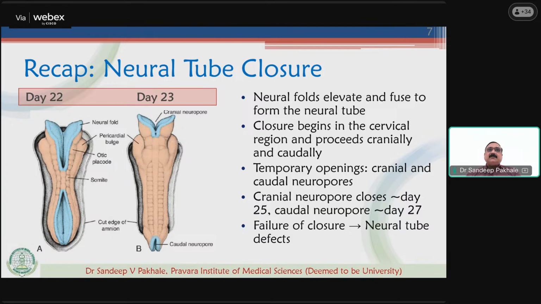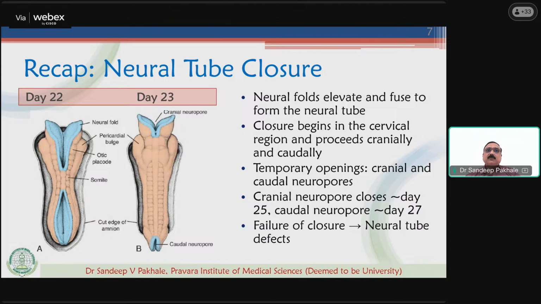At this stage, the neural folds elevate and begin to fuse, converting the neural plate into a neural tube. You can see the two diagrams here, day 22 and day 23, wherein closure has not occurred, and the closure does not occur simultaneously. It starts in the cervical region and then progresses both cranially and caudally.